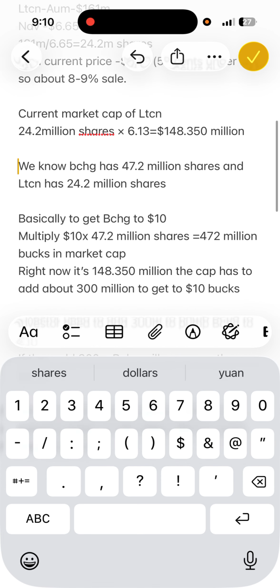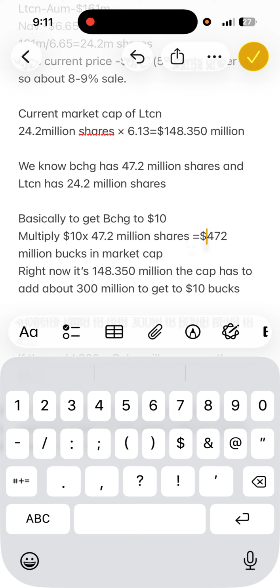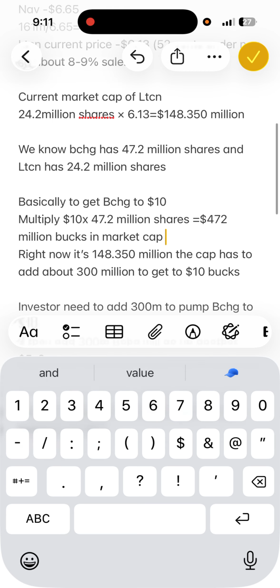So basically, to get BCHG to, let's say, $10, I would just multiply $10 times the 47.2 million shares, which would equal $472 million. So if the market cap can go to $472 million, then BCHG should be about $10.